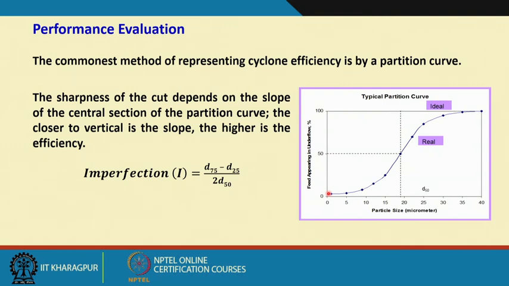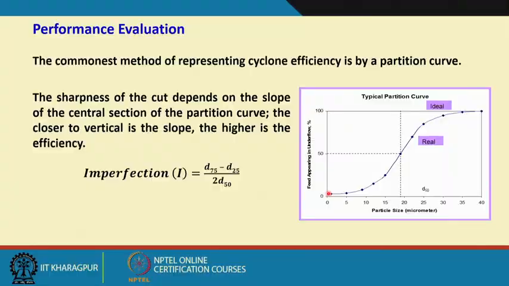Probably we could not measure up to that size. That could be one reason, but it has prompted many researchers to propose how to force this curve to pass through the origin.